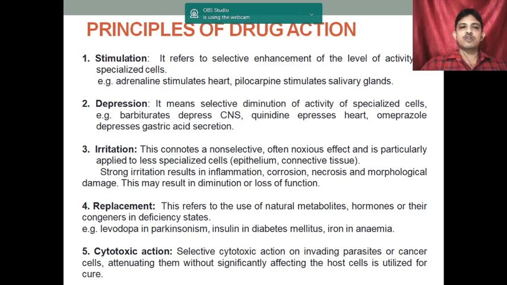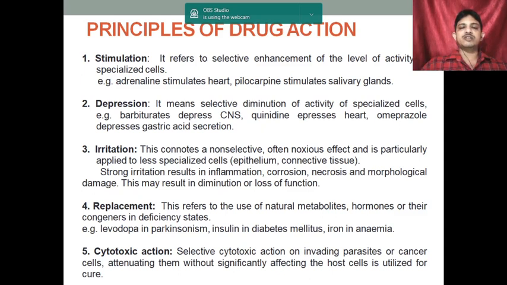Stimulation refers to the selective enhancement of the level of activity of specialized cells. For example, adrenaline stimulates the heart, or pilocarpine, a cholinergic drug, increases salivary secretion. All of these are examples of stimulation.